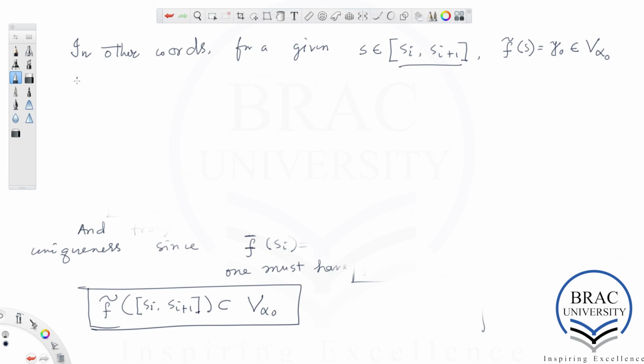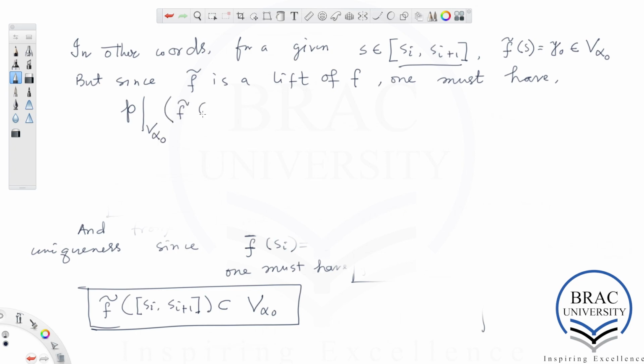But since F tilde is a lift of F, one must have p restricted to V sub alpha 0 of F tilde of s equal to F of s.